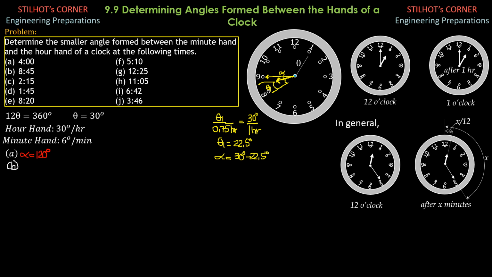So the answer for the smaller angle formed between the hands of the clock is 30 minus 22.5, and that's 7.5 degrees. So even without the calculator, that's 7.5 degrees. Then we proceed to part C.